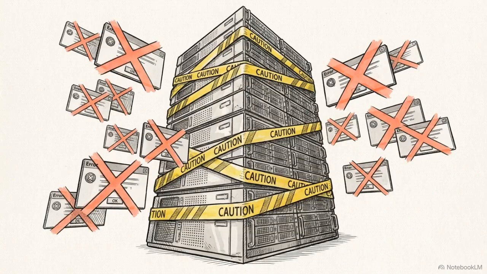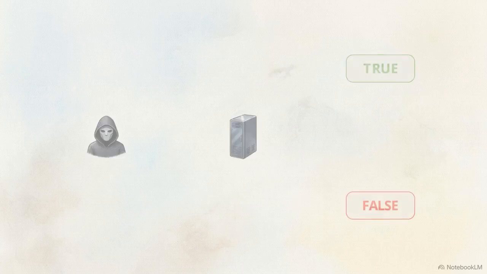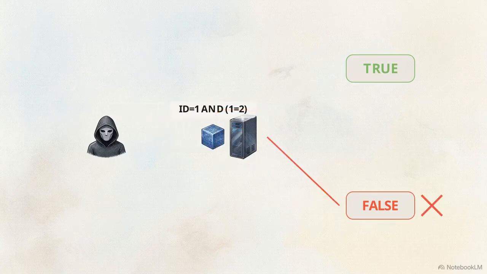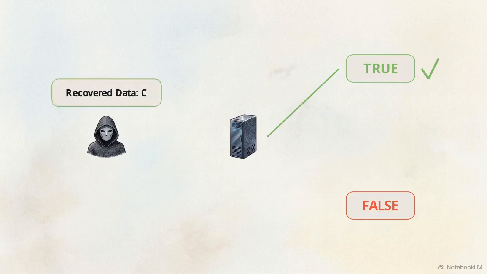Administrators often try to mitigate this by configuring applications to suppress all error messages and database outputs, but this does not stop the extraction. Instead of asking for data directly, attackers use blind or inferential SQL injection. They submit payloads that ask the database true or false questions, observing how the application behaves in response.